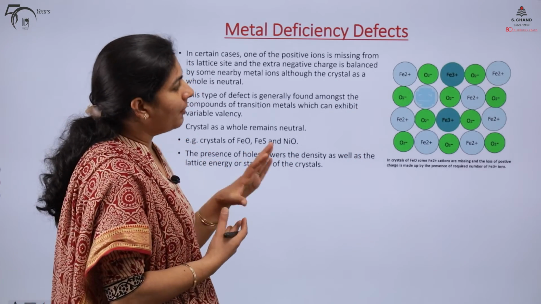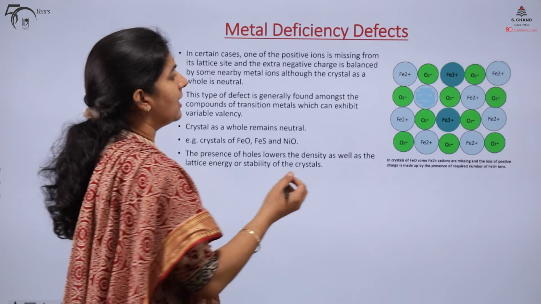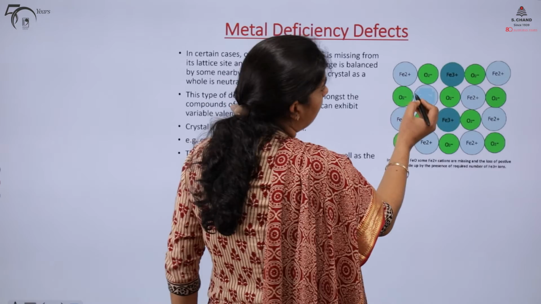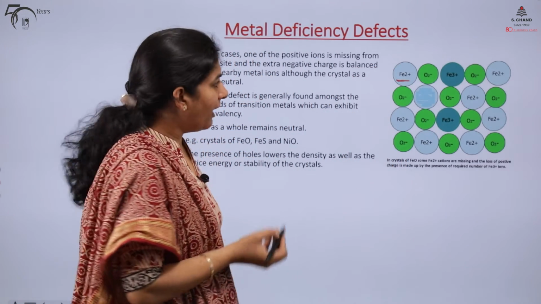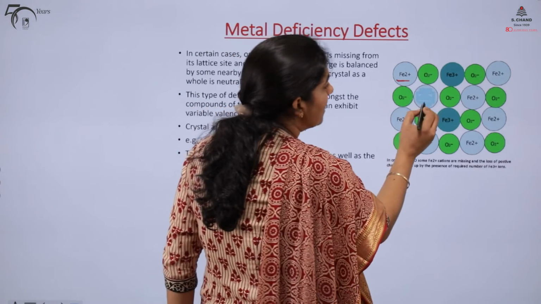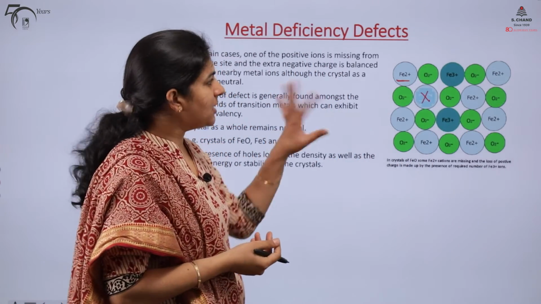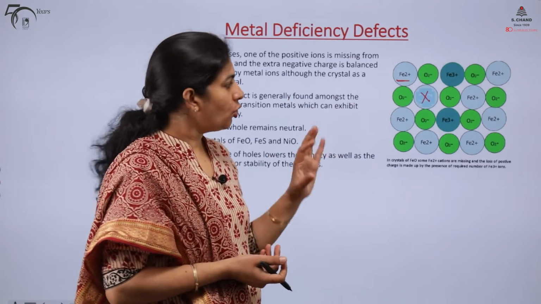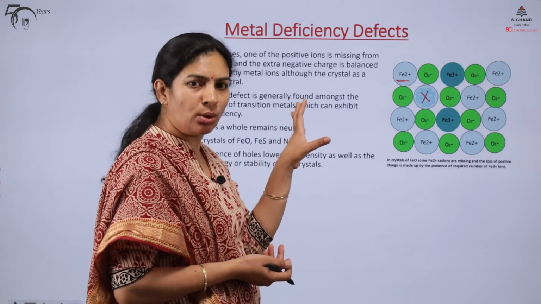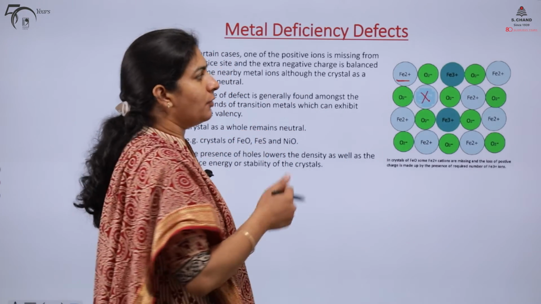So what happens in case of metal deficiency defects is that one of the ferrous ions, Fe2+ ions, is missing from the crystal. It is not present over here. If it is missing, then in order to maintain the total electrical neutrality of the crystal, what will happen?